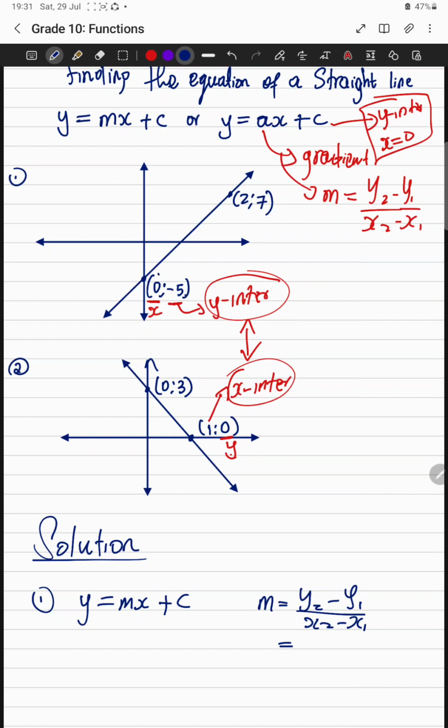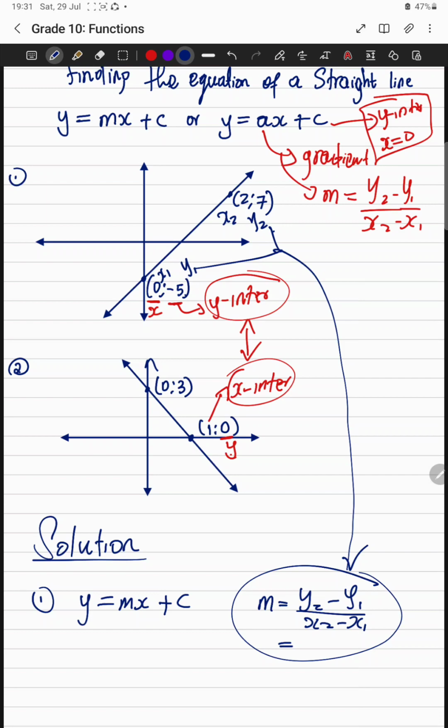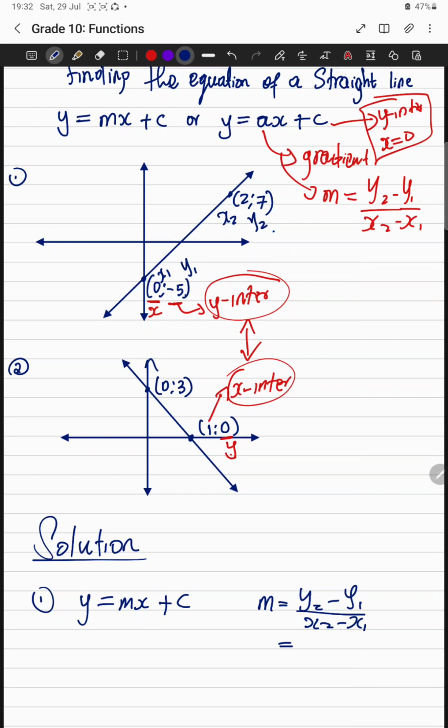So we can say this is maybe x1, this is y1, this is x2, this is y2. We are doing this for the sake of getting the gradient, because the formula itself says y2 minus y1. So then we're going to substitute these values over here.